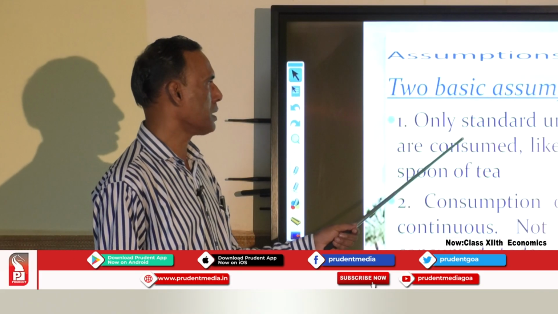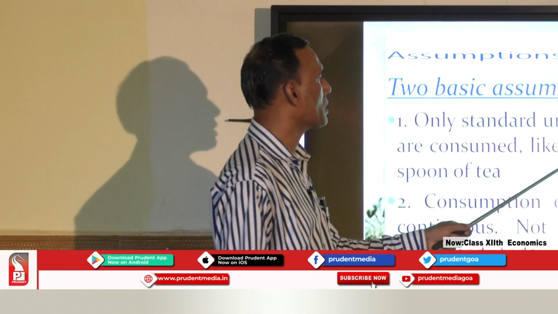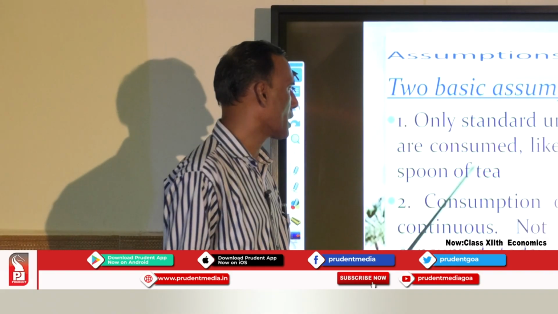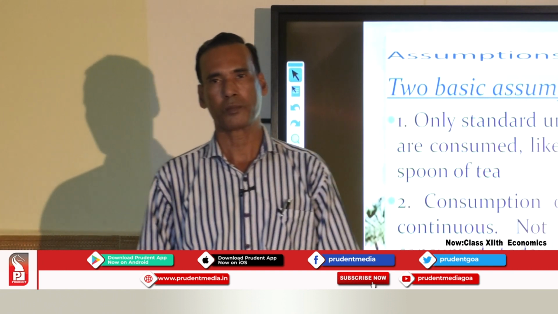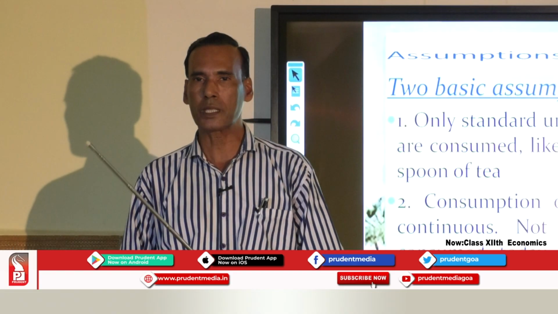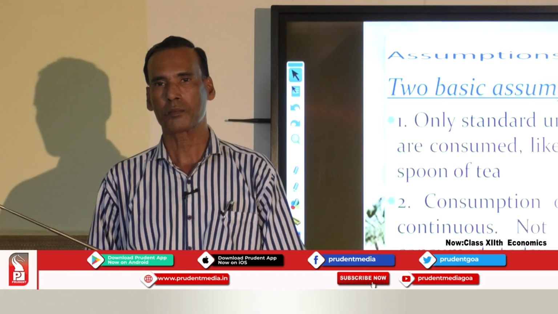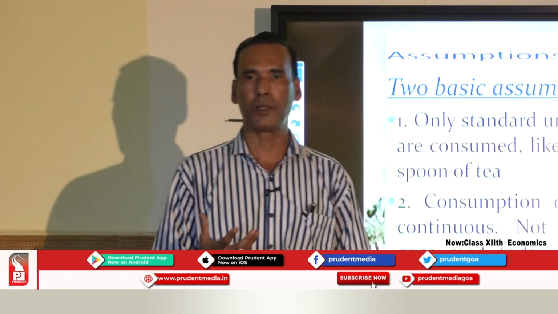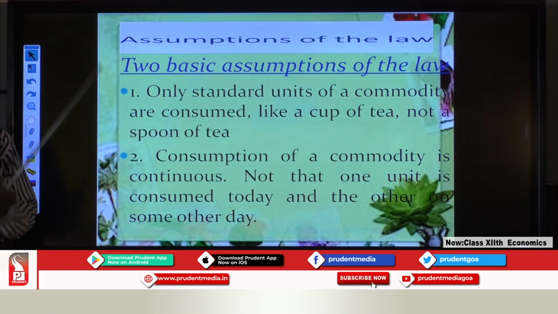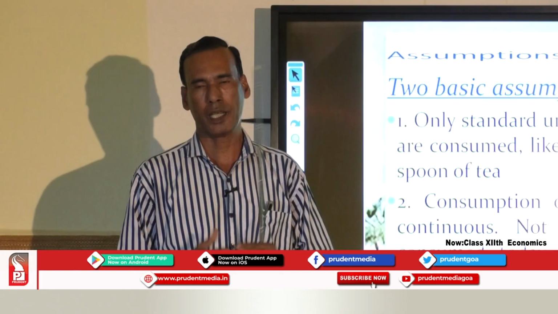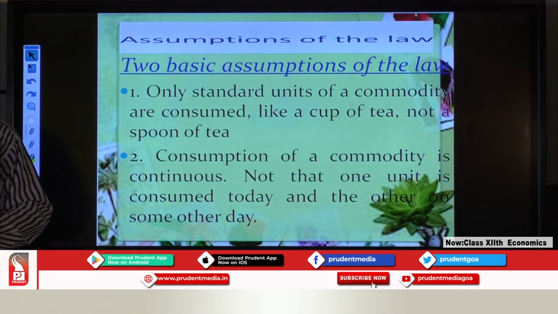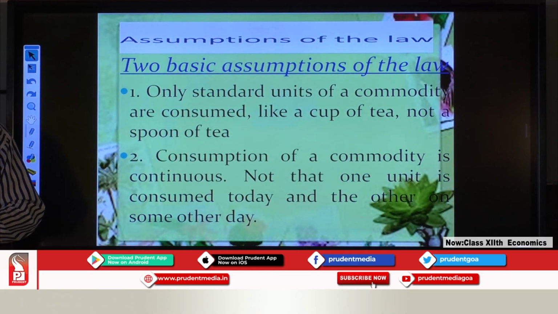The first assumption: only standard units of a commodity are consumed, like a cup of tea and not a spoon. To experience this law, to experience this behavior, you need to take a sizable quantity of a commodity. If you take a cup of tea, then you will experience that. If you take a spoon of tea, then you will not experience that effect.